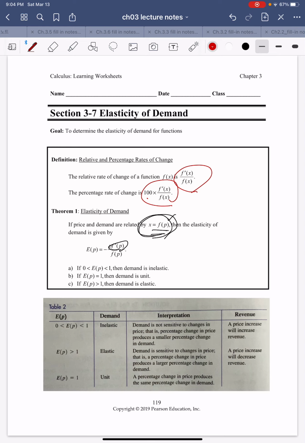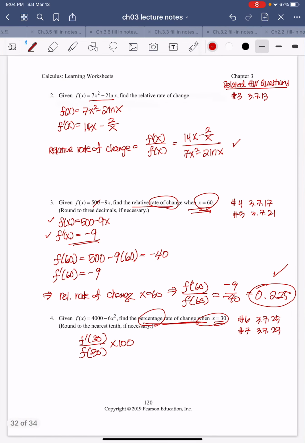So f prime of x divided by f of x times 100. So let's find out. f of x is 4,000 minus 6x squared. And then f prime of x is the derivative, and that is negative 12x. Let's go ahead and substitute our 30 into both functions.